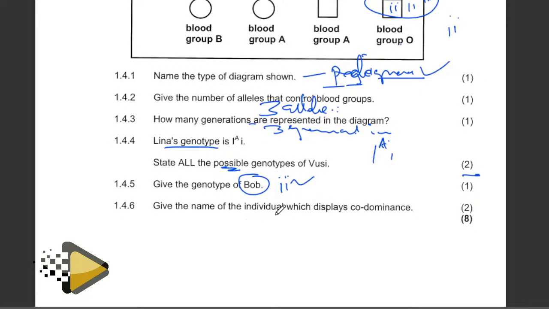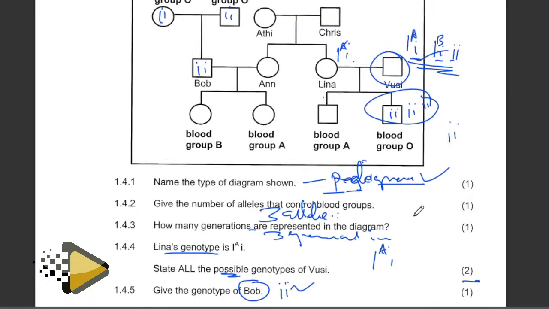Give the name of the individual who displayed codominancy. Codominancy means that you have blood group AB. That's what they are looking for. So the first person I can think of here is Anne.